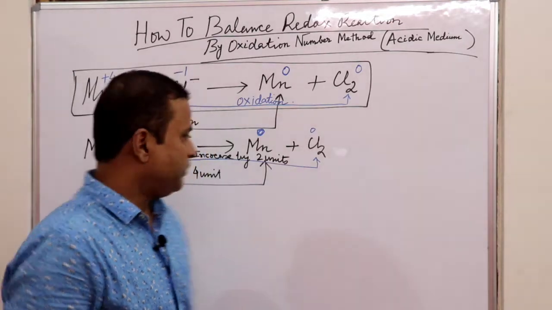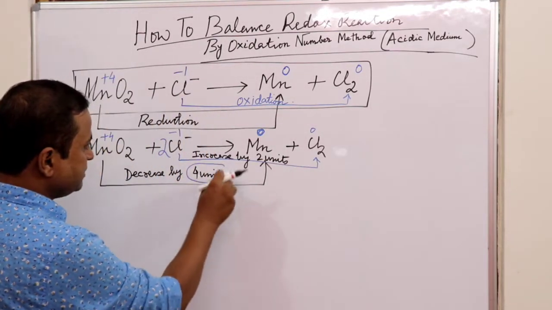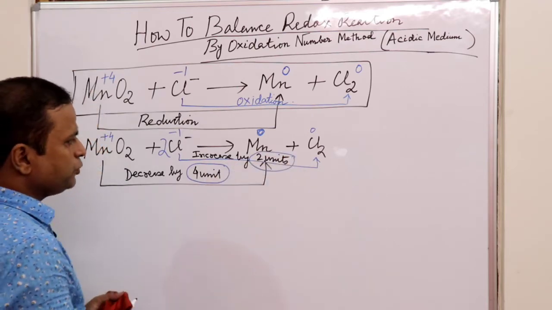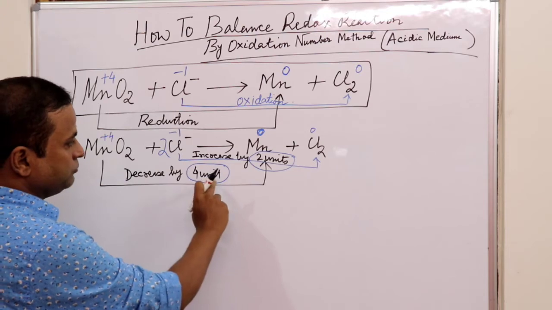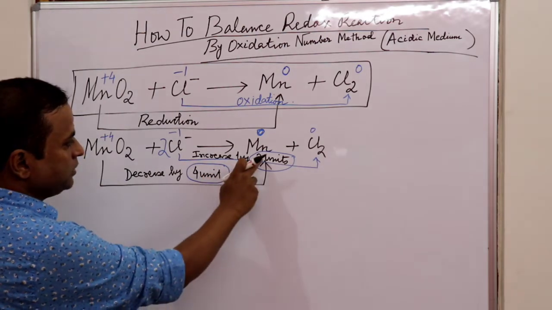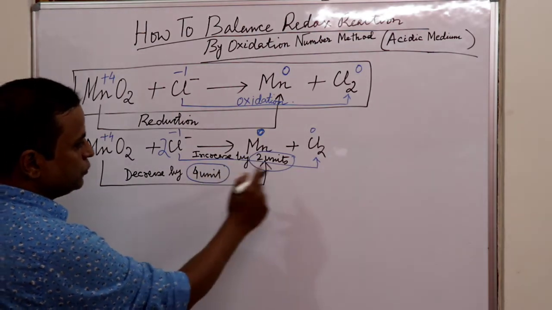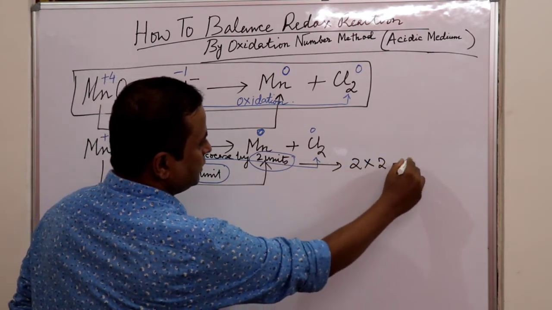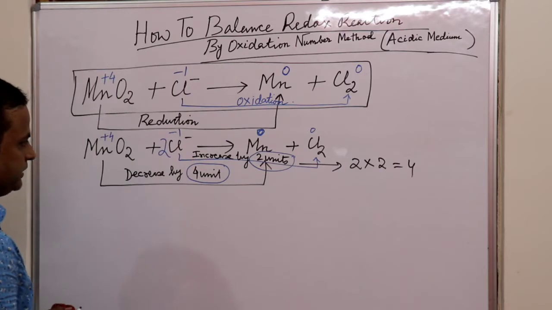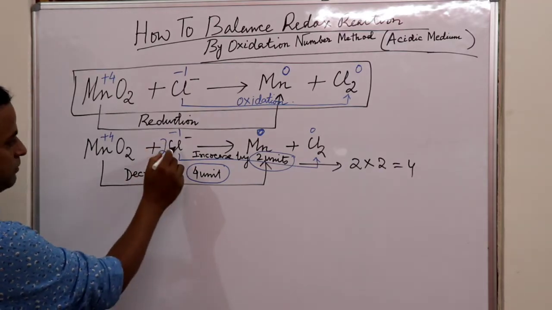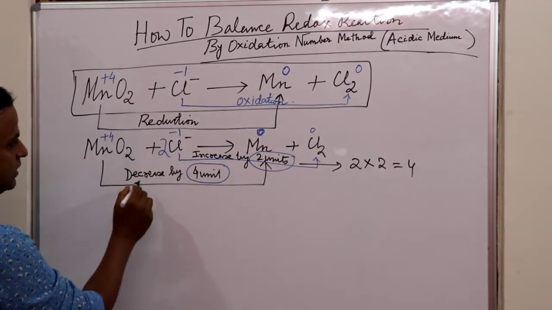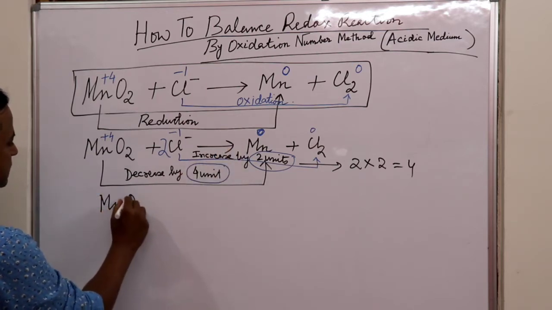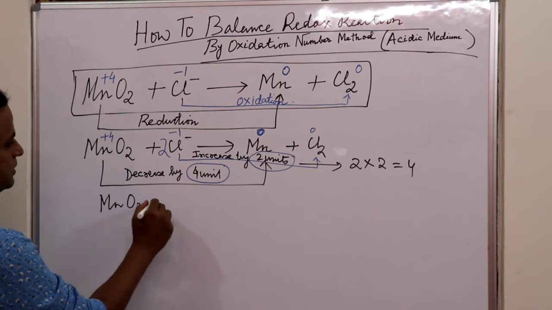Next step, we have to equalize these two numbers, 4 and 2. How can we equalize 4 and 2? We have to make this 2 units into 4. 2 can become 4 if we multiply it by 2. So we have to multiply this species, Cl minus and Cl2, by 2, so that the change in oxidation number gets equalized.